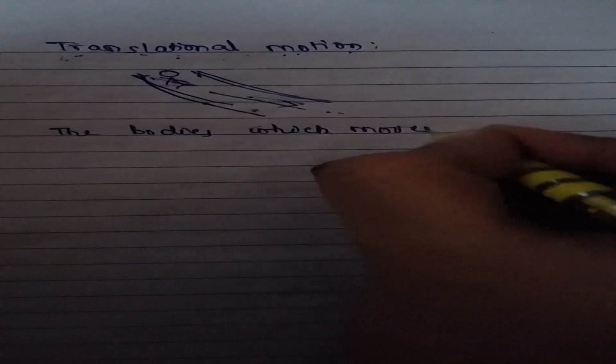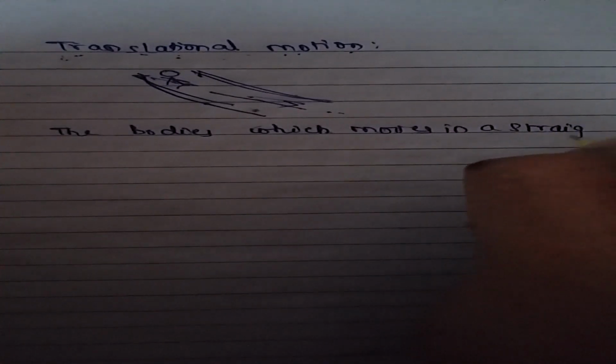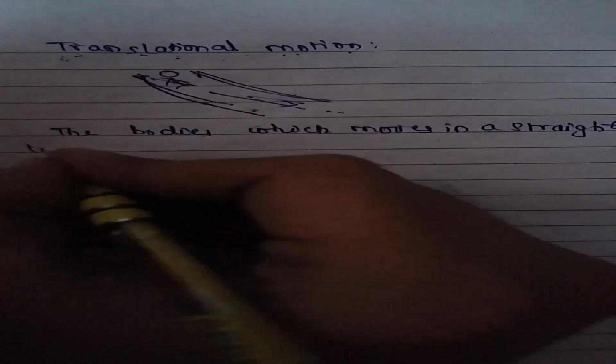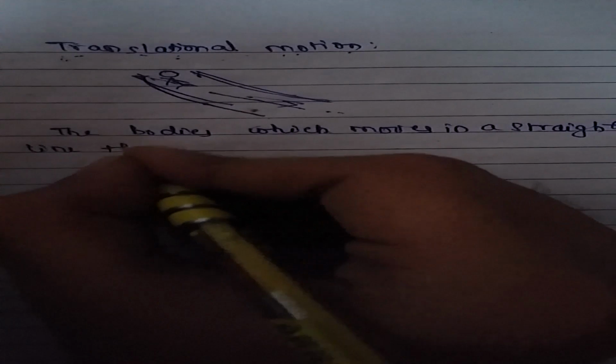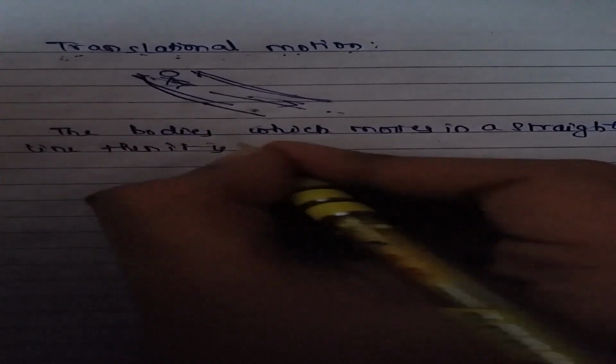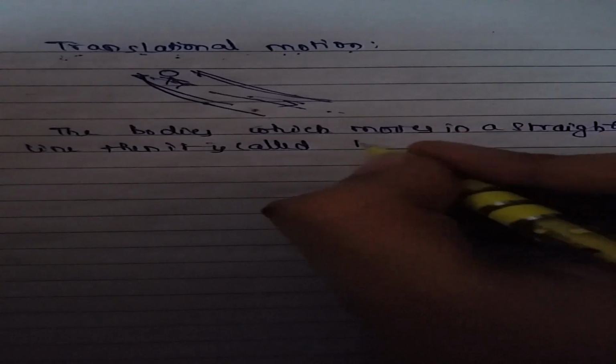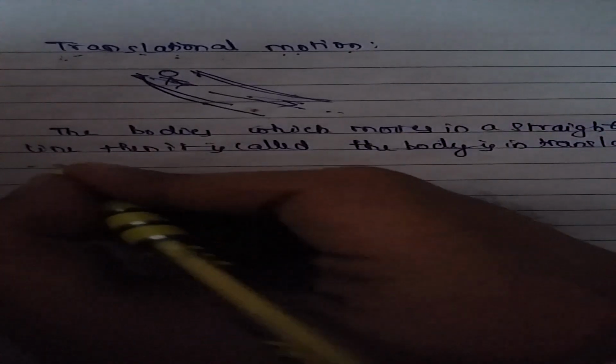The bodies which move in a straight line, then it is called translational motion.